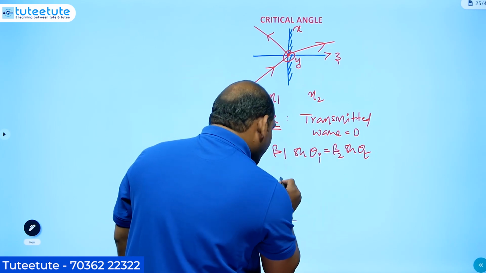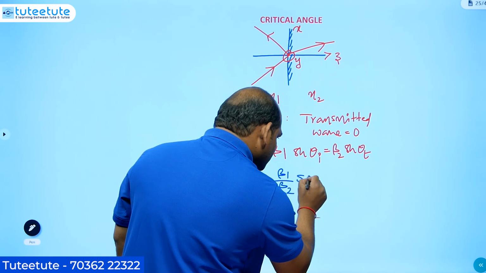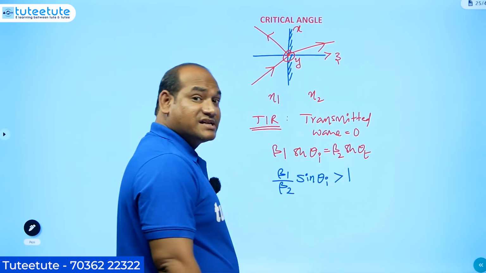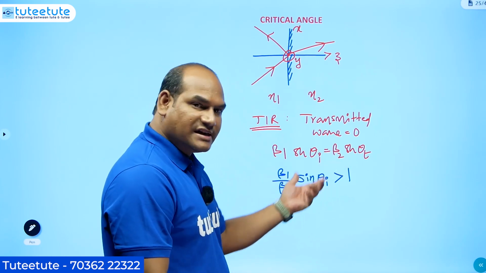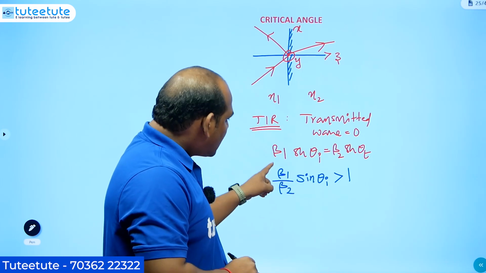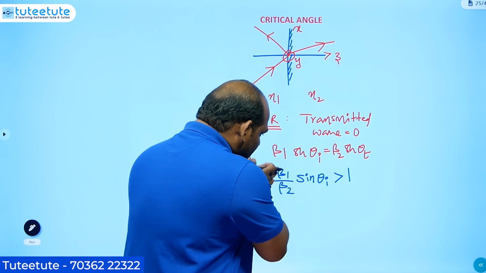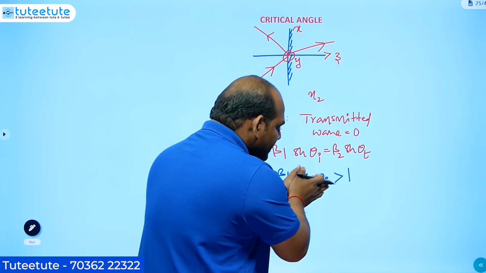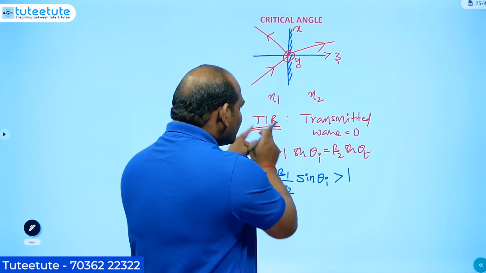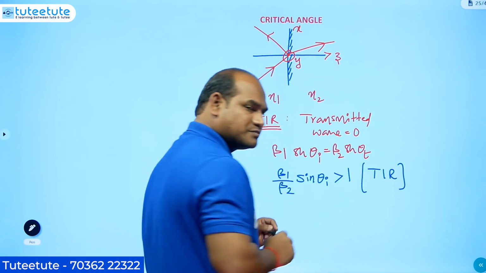Accordingly, we have taken the condition beta 1 by beta 2 into sin theta I is greater than 1. It is actually equal to sin theta t. Sin theta t is greater than 1, so that there is no transmitted wave. So, beta 1 by beta 2 sin theta I greater than 1 is the condition for total internal reflection.